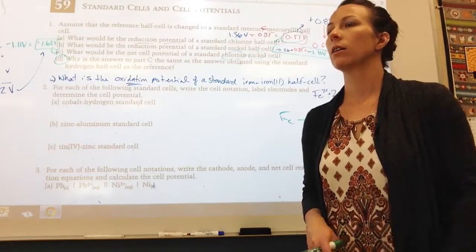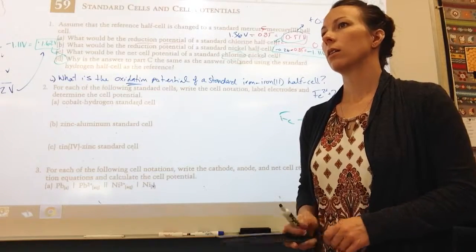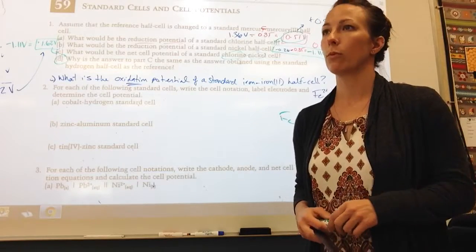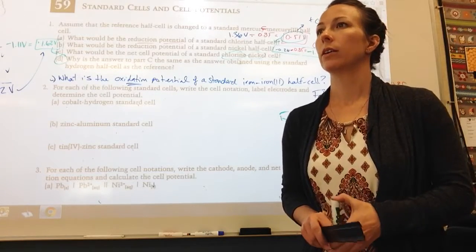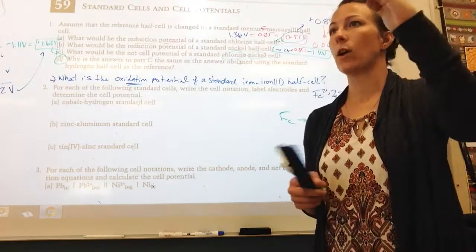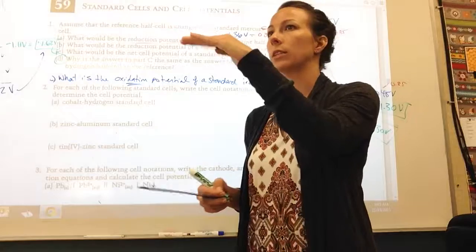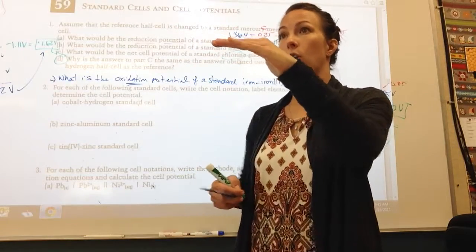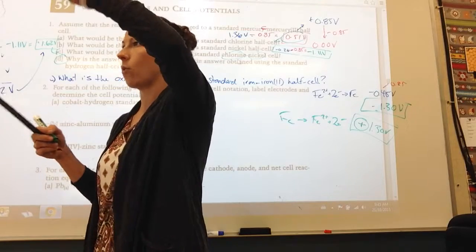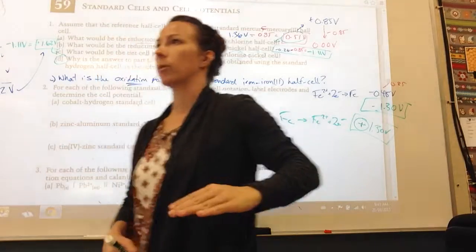So it doesn't matter what your reference half cell is, it's just always going to be the difference, so you can always go just top to bottom. If you have a 3-foot waterfall, it doesn't matter if that waterfall is 1 meter above sea level, it's still a 3-foot waterfall. Or if that 3-foot waterfall is 3,000 meters above sea level, it's still a 3-foot waterfall. That's what they're talking about here.